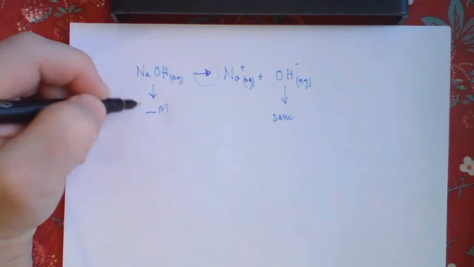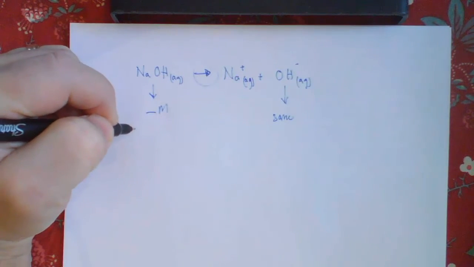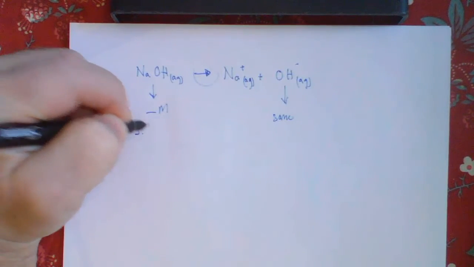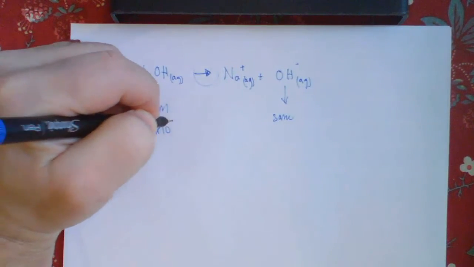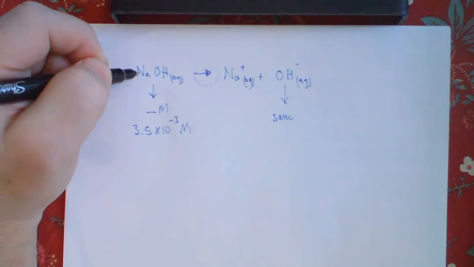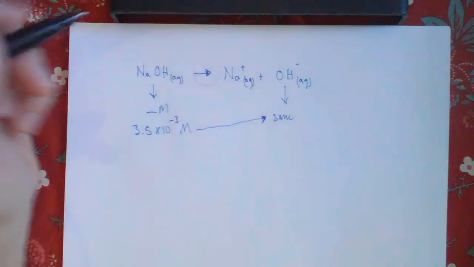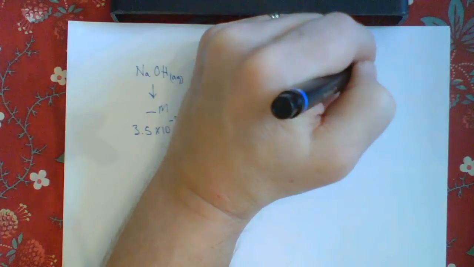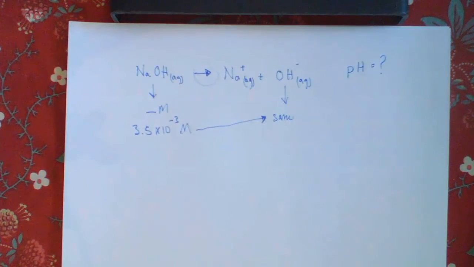So let's say we have a concentration of 3.5 times 10 to the negative third molarity. That's the molarity of our base. That means that our hydroxide will be the same, but what we're really looking for is the pH of this solution.